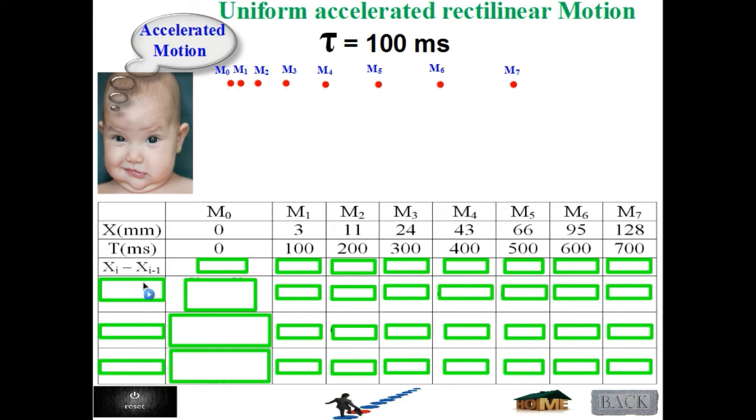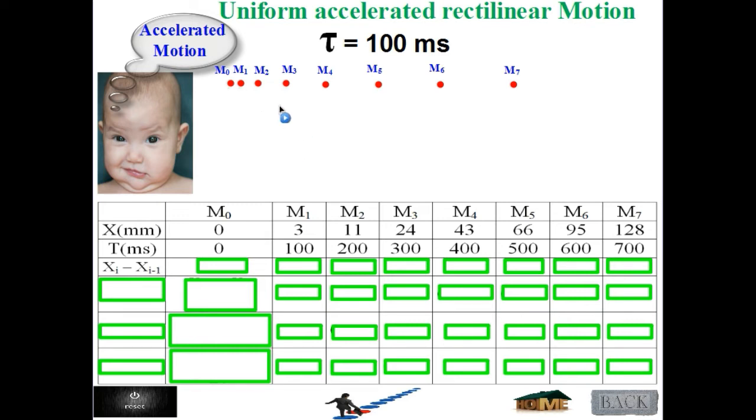Now we will try to calculate the displacement between two traces. As we said last time, x_i minus x_(i-1), that is x1 minus x0, x2 minus x1, and so on, to have the displacement between two traces. Last time it was constant.